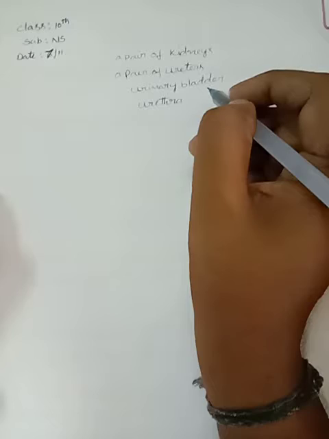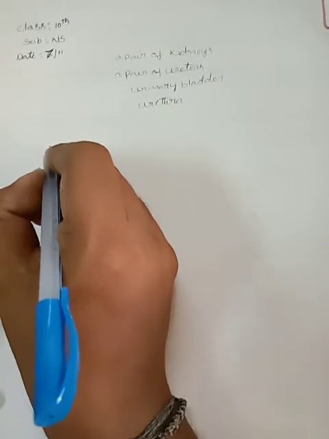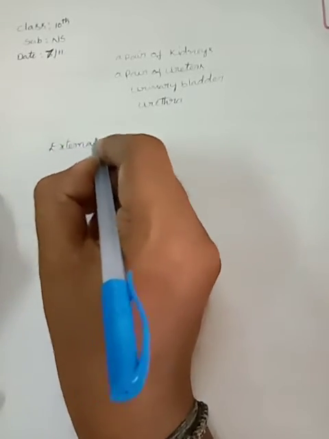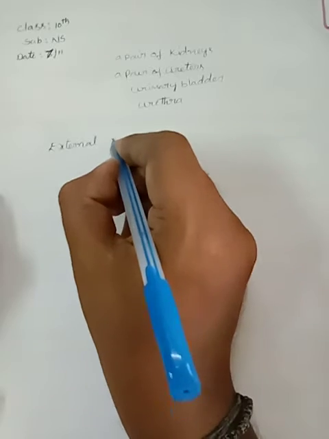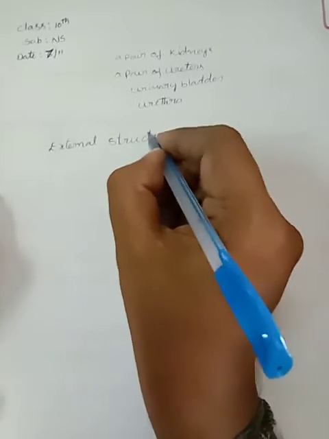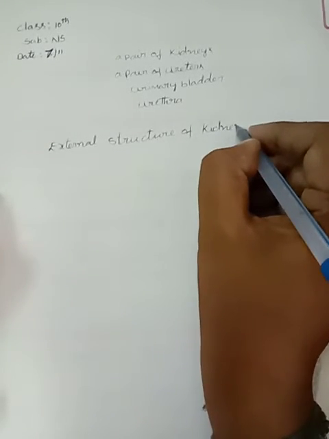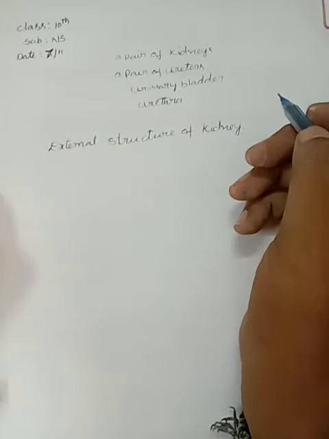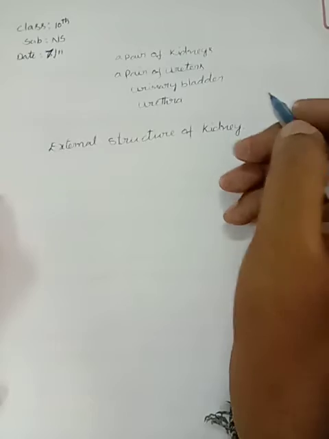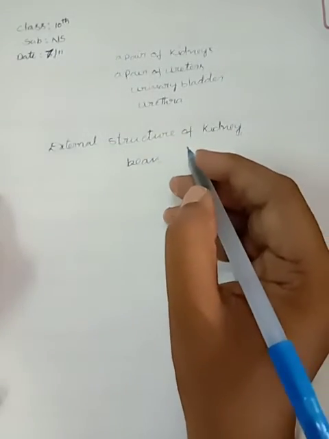Children, now we are discussing the external features of the kidney. External structure of kidney. Children, in human beings, there is a pair of bean-shaped kidneys.